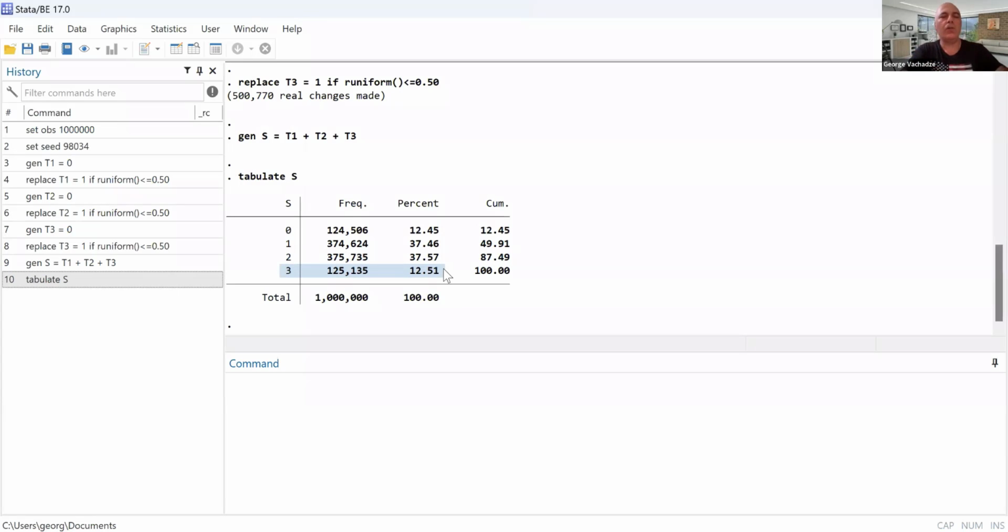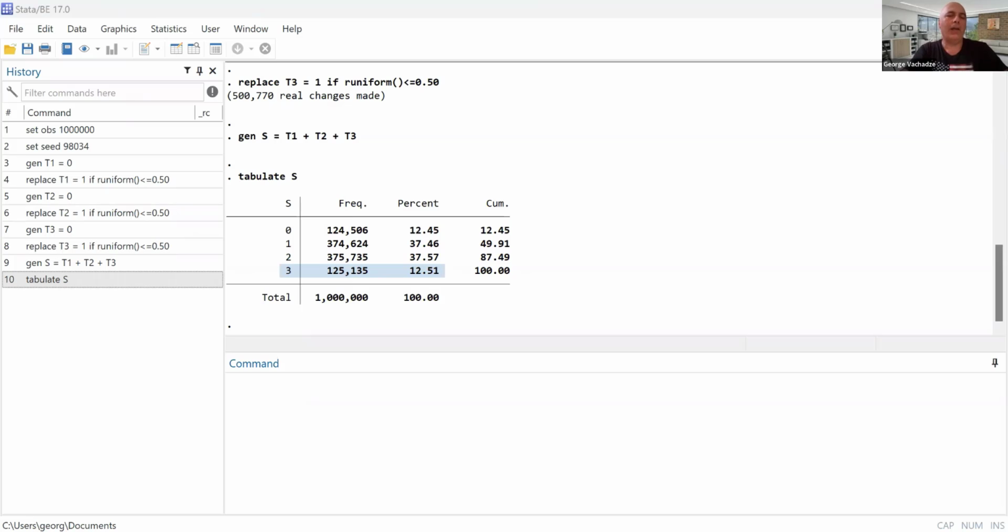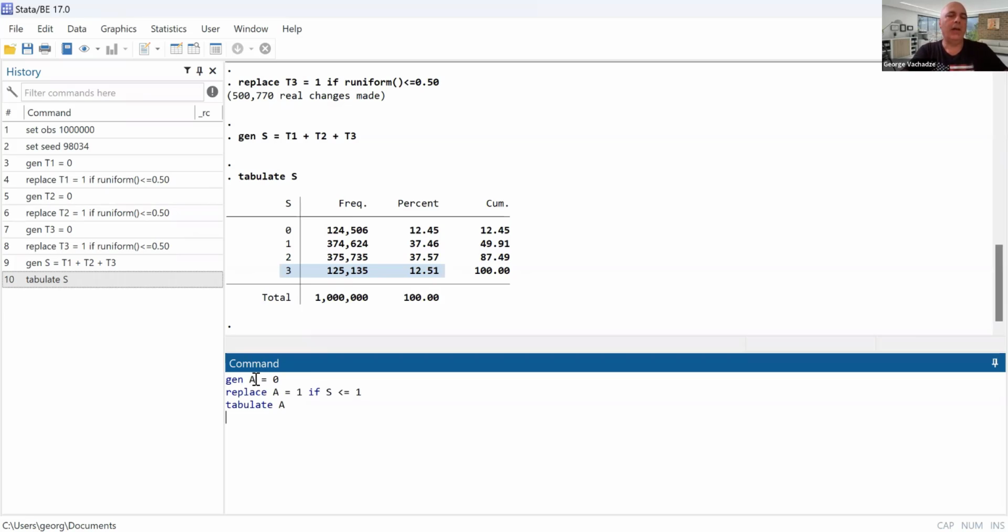So that's one solution. Alternatively, if we want to avoid these calculations by paper and pencil, we can do the following. We generate A, which indicates whether A occurs. If A does not occur, we have 0, and if A occurs, we have 1.